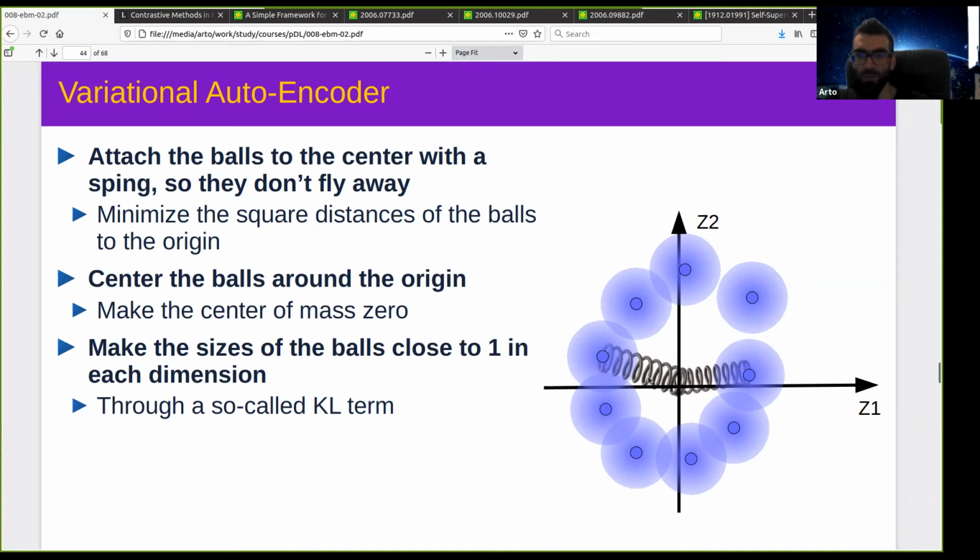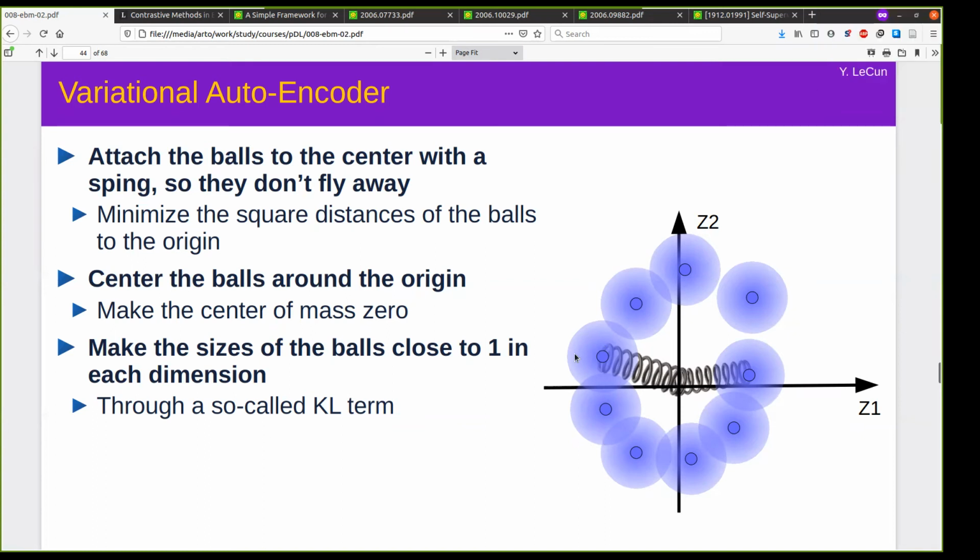The regularization term pushes the mean and variance of the distribution returned by the encoder towards a standard normal distribution, and this is done by applying KL divergence between this standard normal and the output of the encoder.